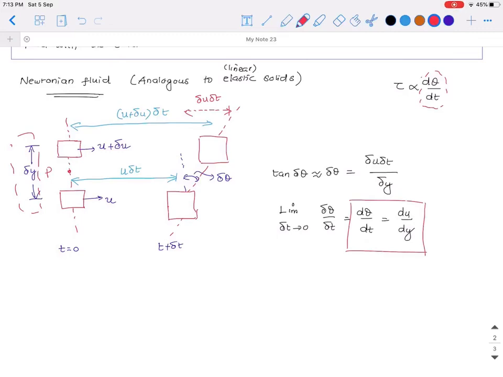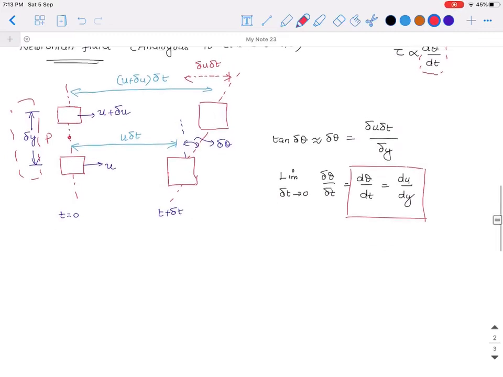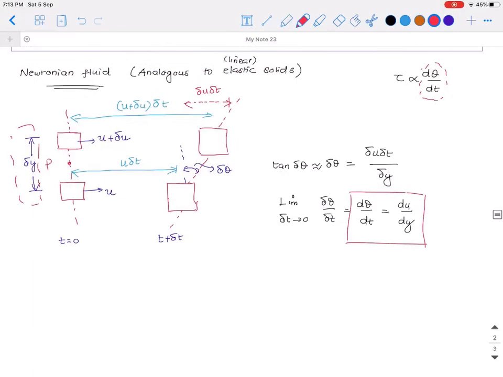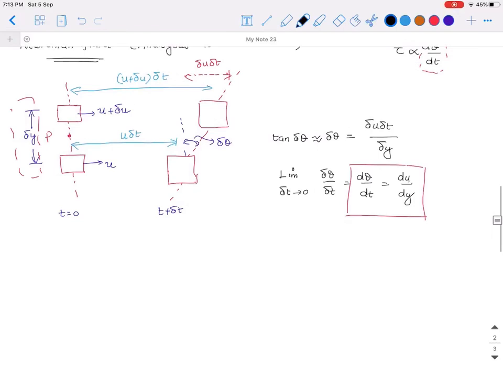We related an unknown quantity, the rate of strain, to velocity, which is a measurable quantity in a fluid flow. So the rate of strain is equal to the gradient of streamwise velocity in the transverse direction.